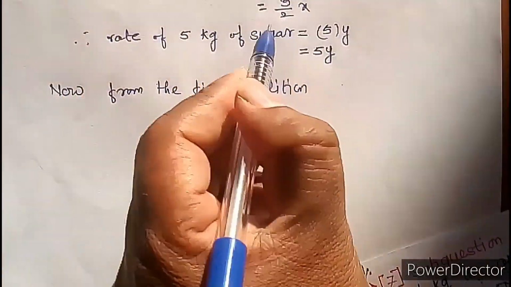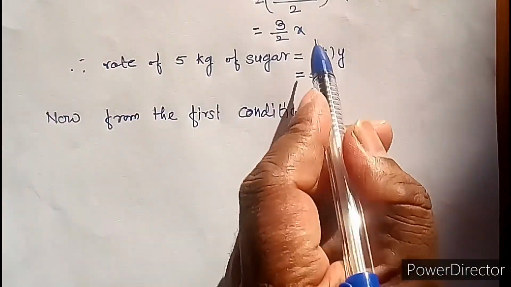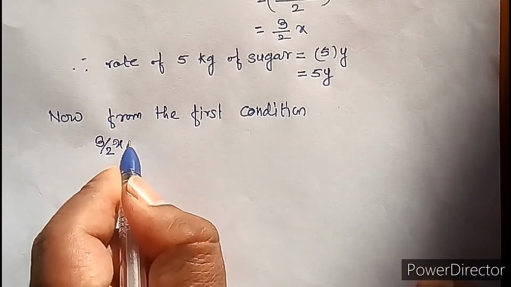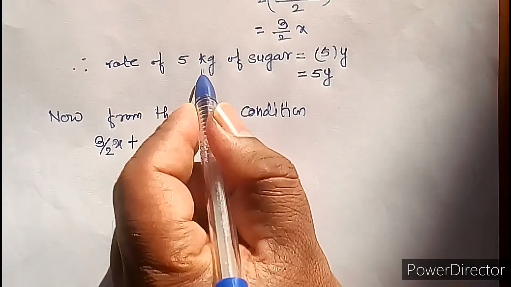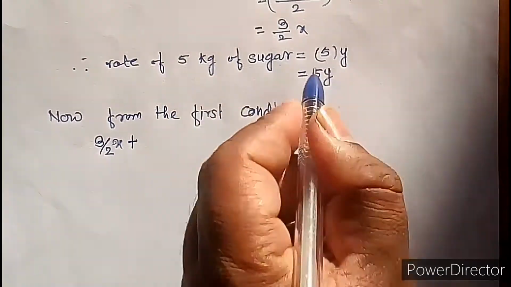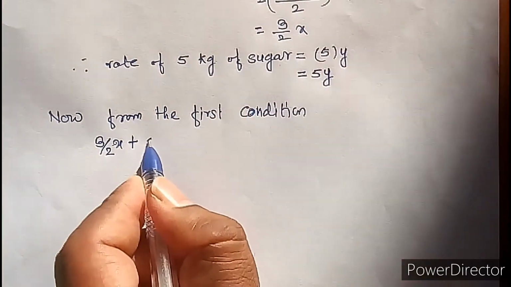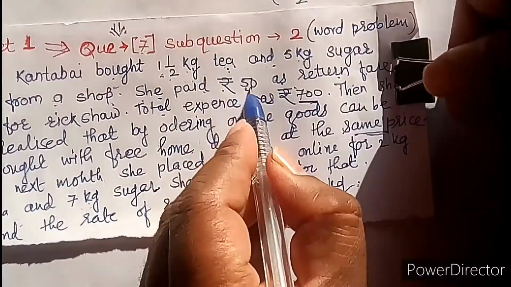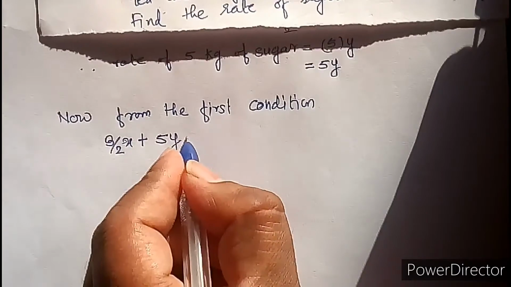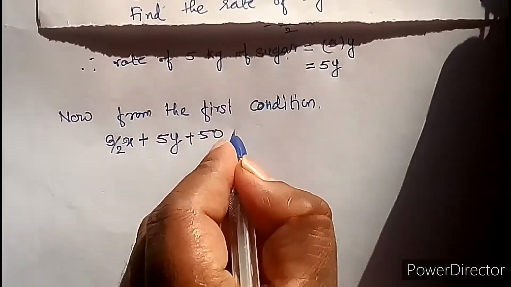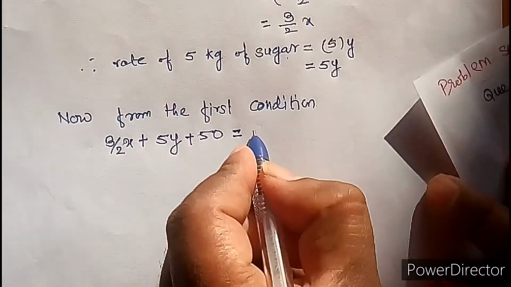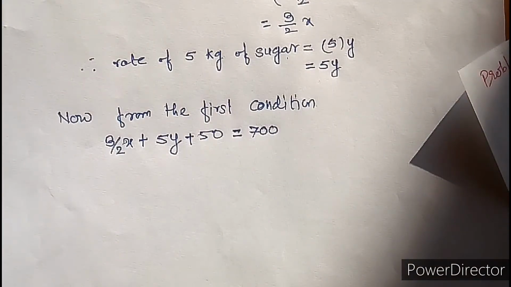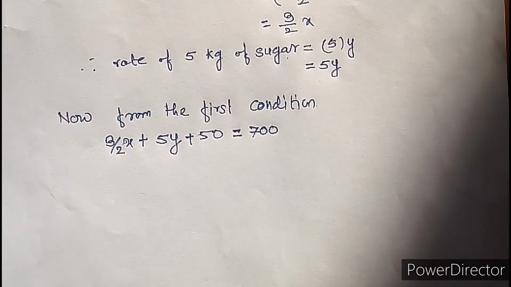The rate of 1.5 kg of tea we get is 3 by 2 x, therefore write down here 3 by 2 x, plus she bought 5 kg of sugar, therefore the rate of 5 kg of sugar is 5y, but by return fare she paid 50 rupees, therefore add this 50 rupees here. Her total expense was 700, therefore write down here 700. We get this equation, solve this equation.